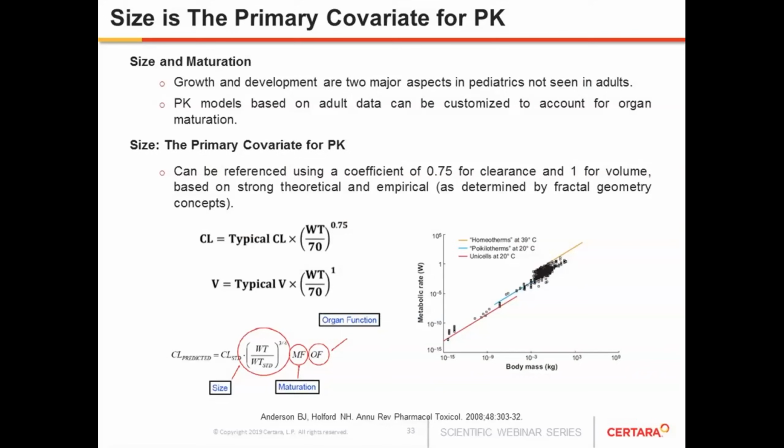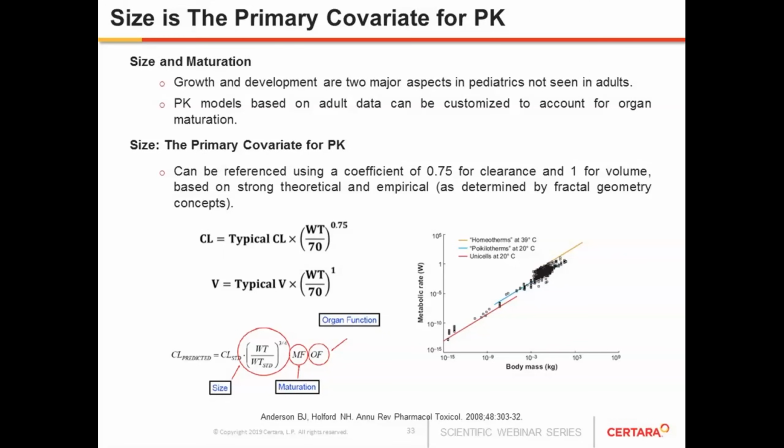PK models based on adult data can be customized to account for organ maturation and for size. Size is the primary covariate for pharmacokinetics and can be referenced using a coefficient of 0.75 for clearance and 1 for volume.